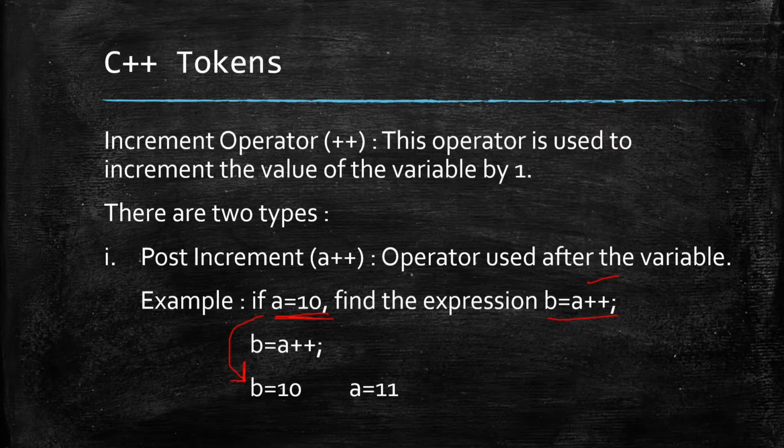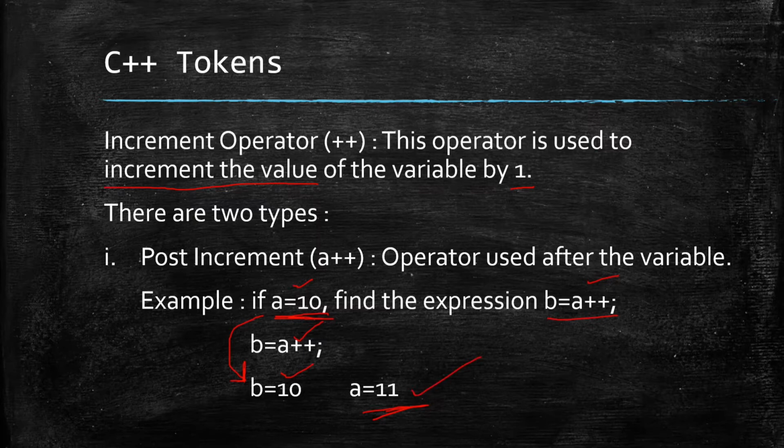So I directly assign the value of a to b, and a plus plus increments the value by 1, so 10 plus 1 is 11. So a would become 11.